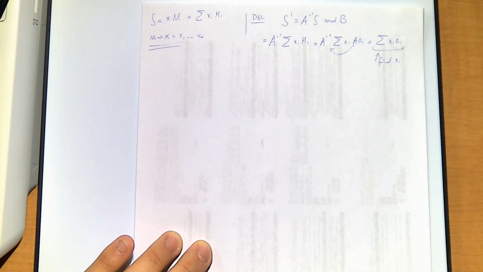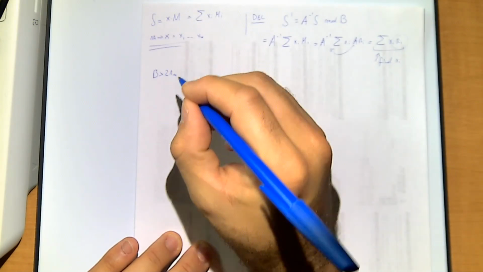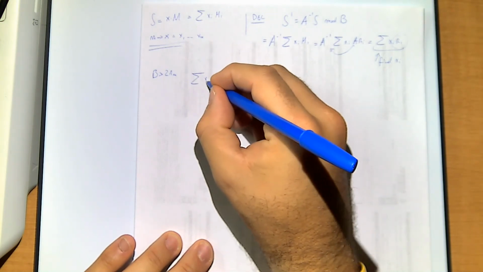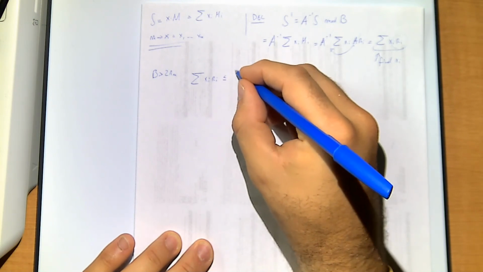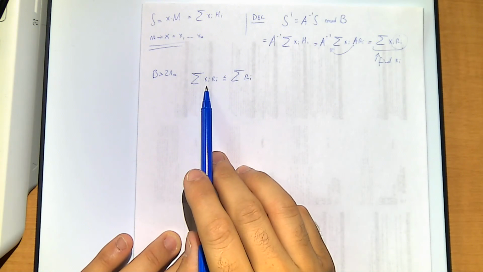Cool. Of course, we haven't talked about sizes, but the important part is that because B is greater than 2Rn, we know that the sum of xi Ri is certainly less than the sum of all the Ri's, which would be all the xi's being 1.